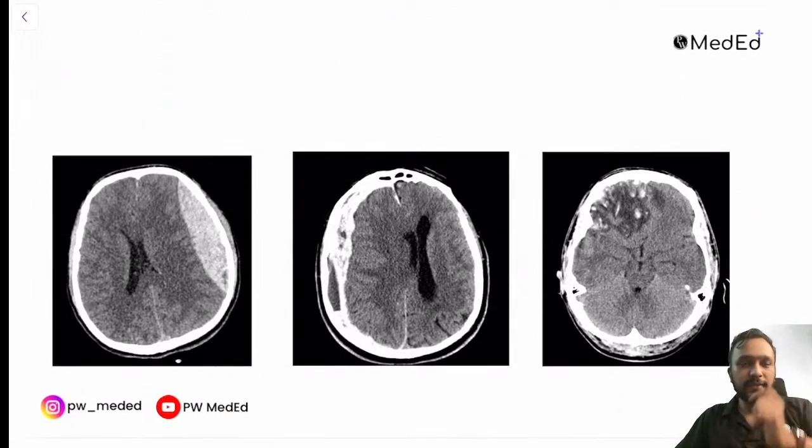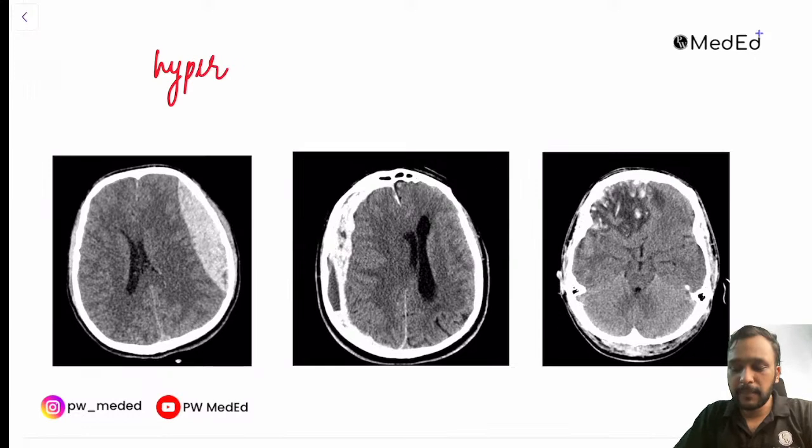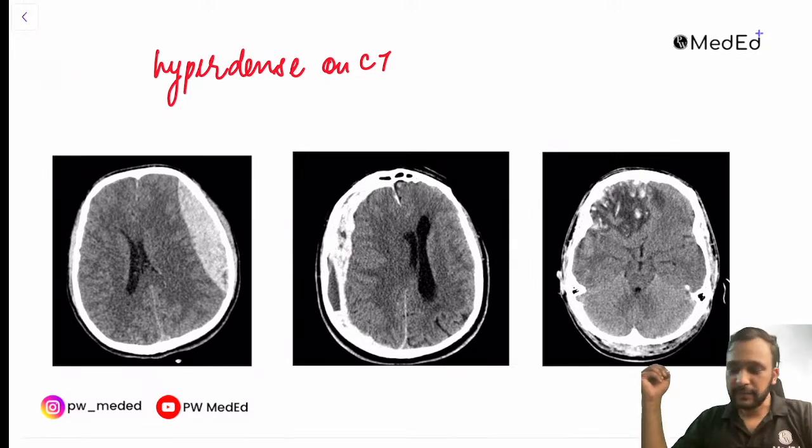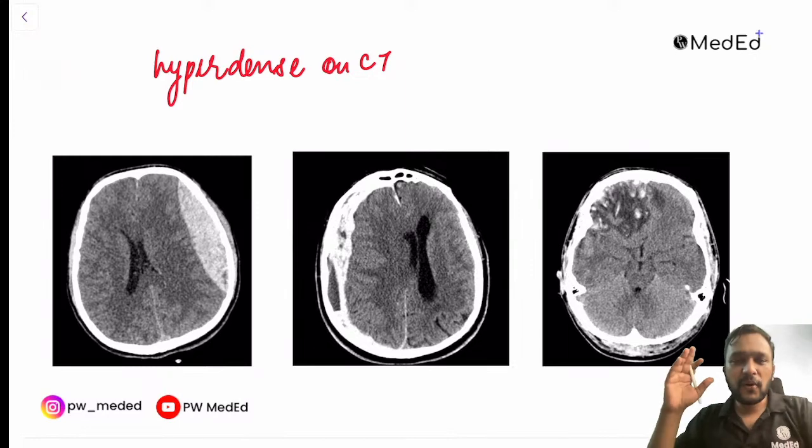So how to identify a bleed on the NCCT? The bleed will appear hyperdense on CT images.